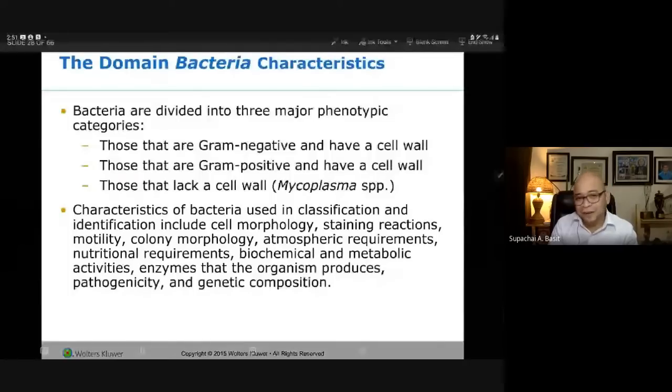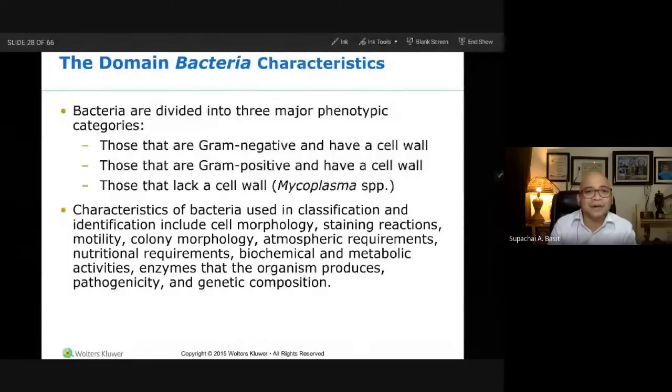Okay, so I have already discussed the first domain, which is about viruses. This time, I will be talking about the bacteria, the domain Bacteria. Bacteria are divided into three major phenotypic categories. Gram-negative, they have a cell wall. Gram-positive, they also have a cell wall. And those that lack a cell wall, we call mycoplasma. The characteristics of bacteria are used in classification and identification.